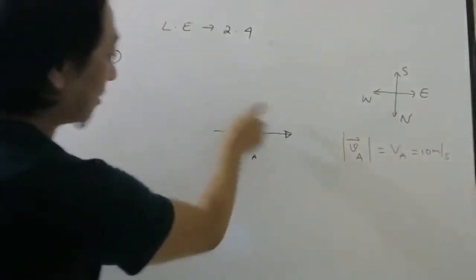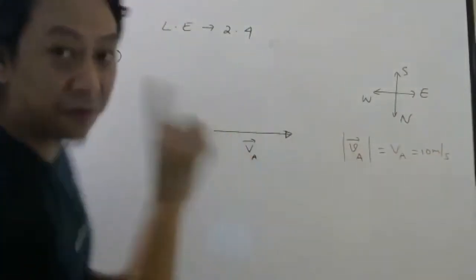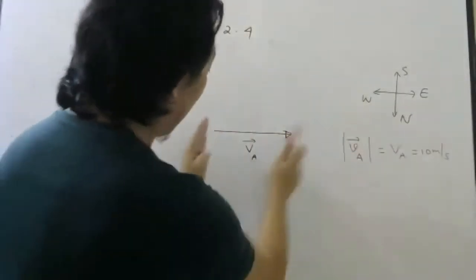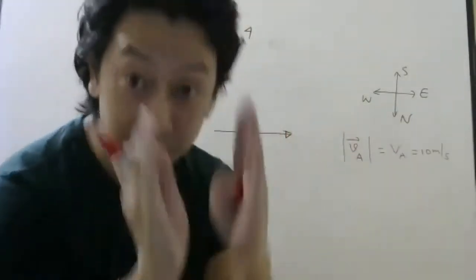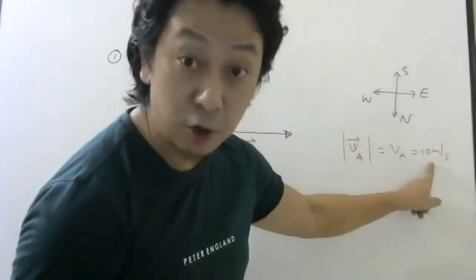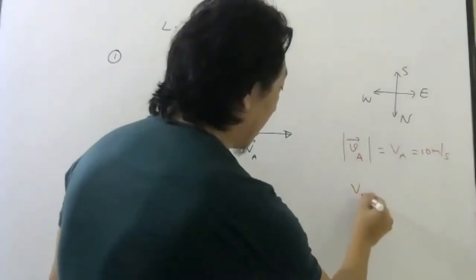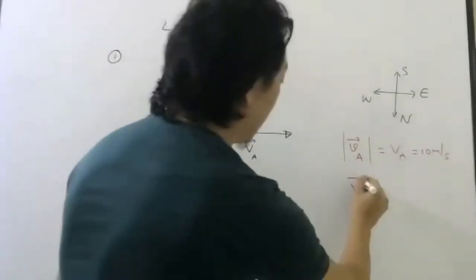So I am using this diagram to represent the first velocity towards east. This length will represent the magnitude, which is 10 meter per second. The second car has a magnitude which you can write like this.